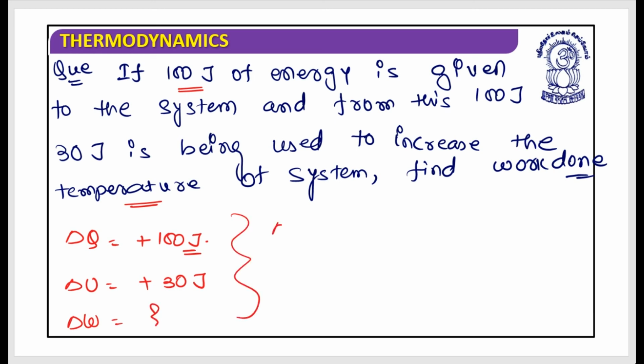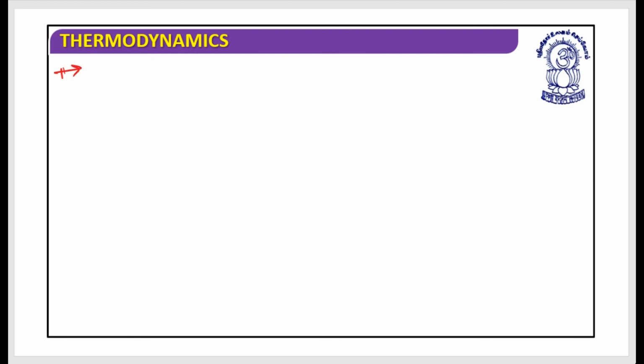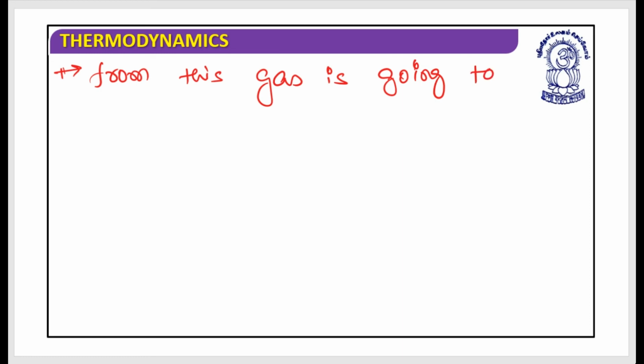So basically delta Q equals delta U plus delta W. This is 100, this is 30, so the remaining is 70 joule. Even this is positive, so from this we can see that the gas is going to expand, because delta W is plus 70 joule and this is positive.